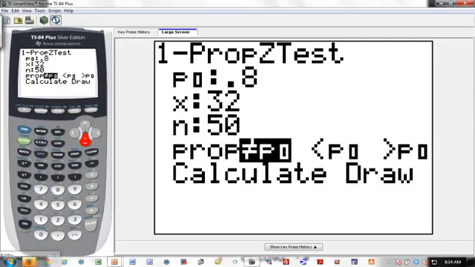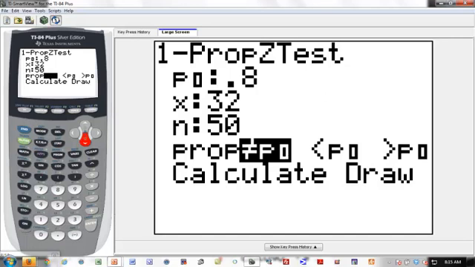Okay, let's take a look at this next line. Prop not equal to P naught, less than P naught, or greater than P naught. We're trying to prove that a proportion we think is actually less than 0.8. So this part, now we'll get very different answers.